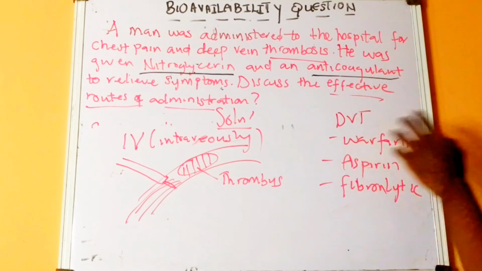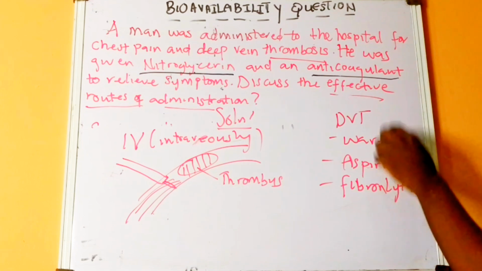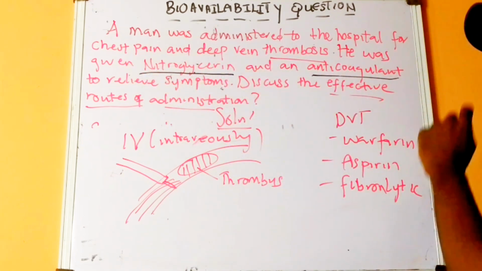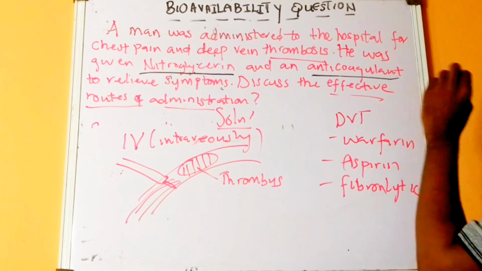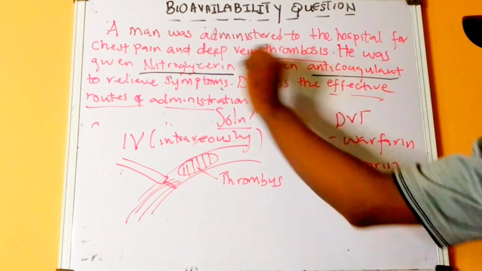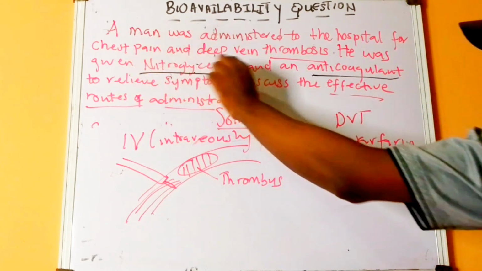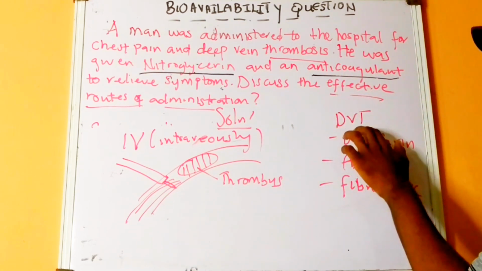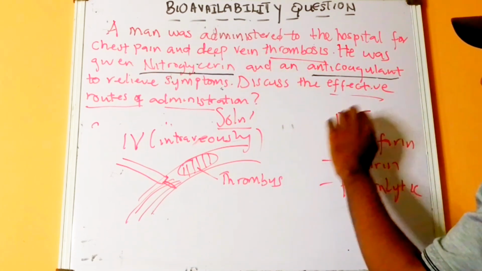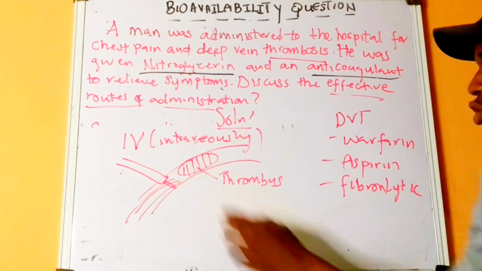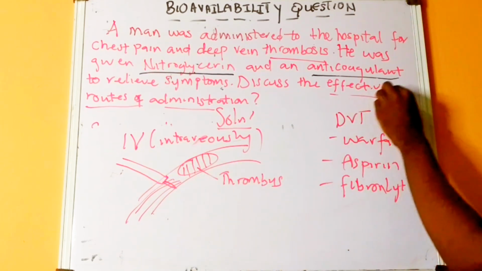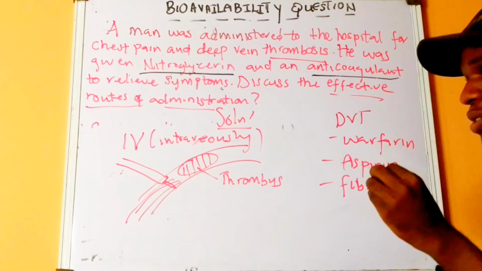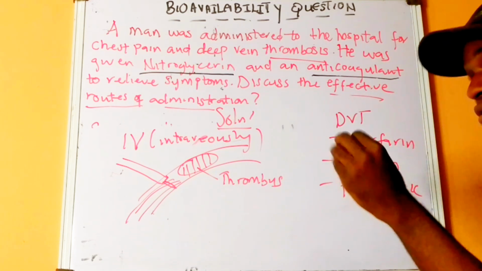So the effective route of administration for chest pain is nitroglycerin given sublingually, under the tongue, to diffuse into the bloodstream and reduce chest pain, relieving symptoms. And any of the anticoagulants that you want to use for DVT, deep vein thrombosis, are given intravenously. Though we have oral tablets, we're looking at the most effective route of administration that can cause a therapeutic pharmacological action in real time.